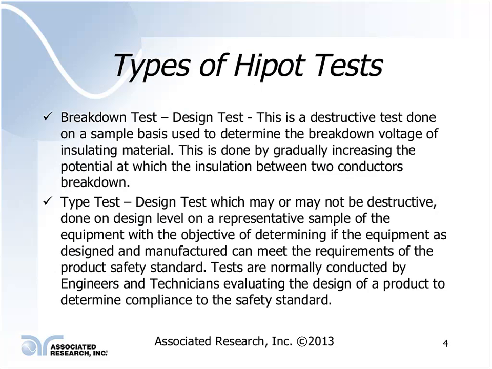Okay, let's talk a little bit about the different types of Hipot test. First off, a breakdown test. A breakdown test is essentially a design test. This test, by its nature, is in fact a destructive test. It's done on a sample basis to actually determine what the breakdown voltage of the insulating material is. Now, that insulating material might be a solid material, it might be a liquid, it might be a gas.